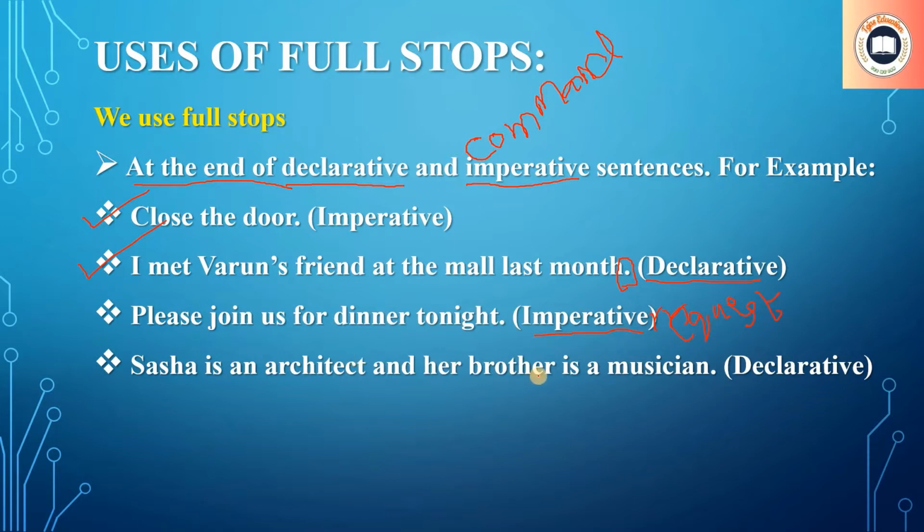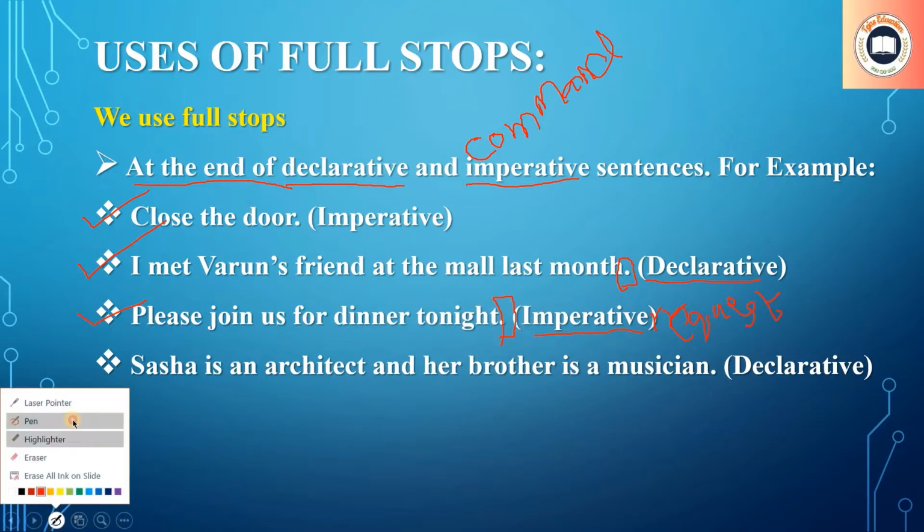Please join us for dinner tonight. This is a request. So since this is a kind of request, this kind of sentence is an imperative sentence, and at the end of the imperative sentences we place a full stop. And so since this sentence is an imperative sentence, at the end of this sentence we place a full stop.